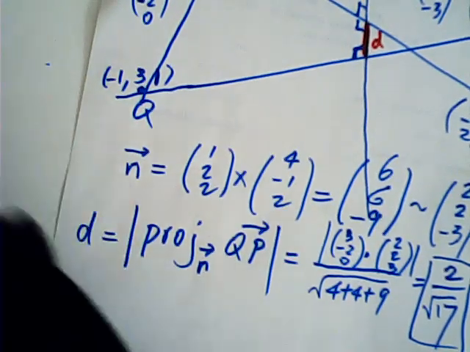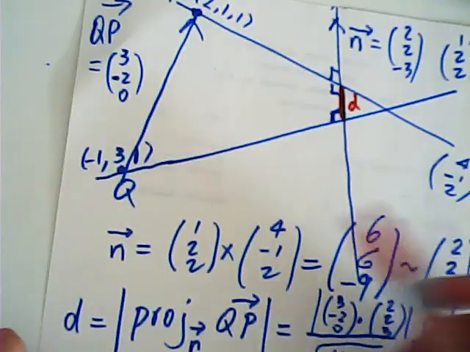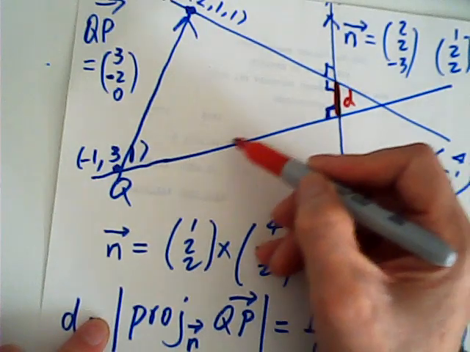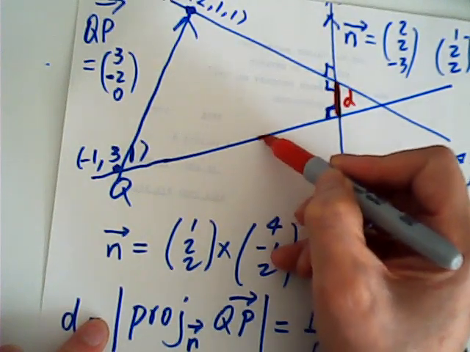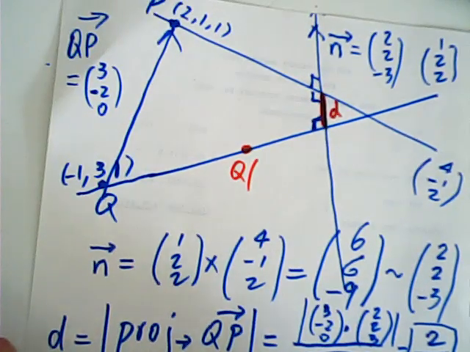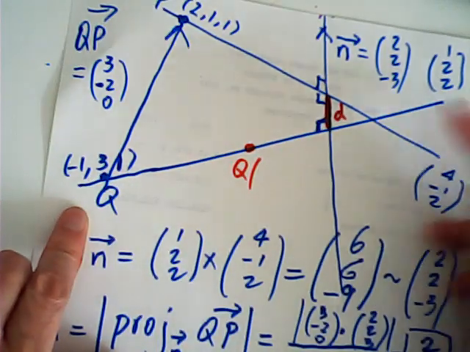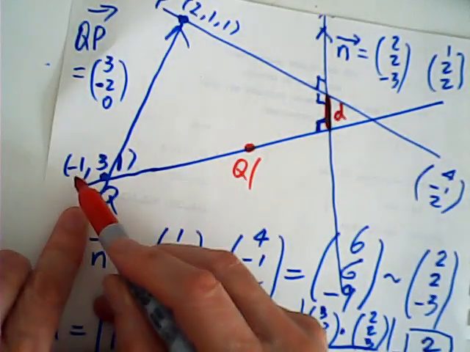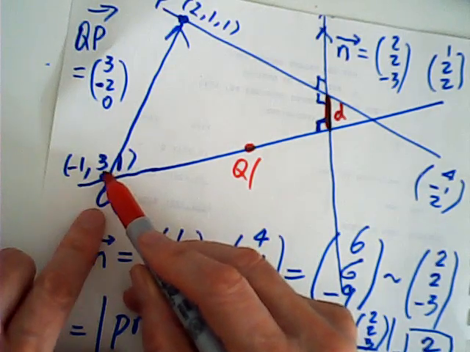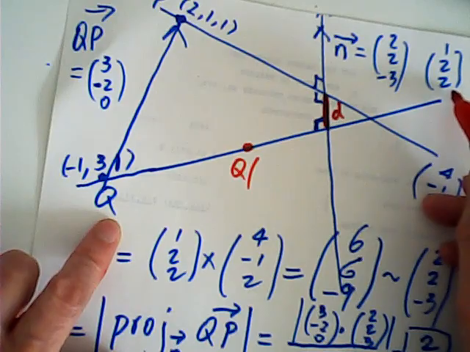Okay, but just for curiosity, let's choose other points. Say, choose a point here. This is Q. You know this line, right? This line is x plus 1 is 1t. y minus 3 is 2t. z minus 1 equal to 2t.